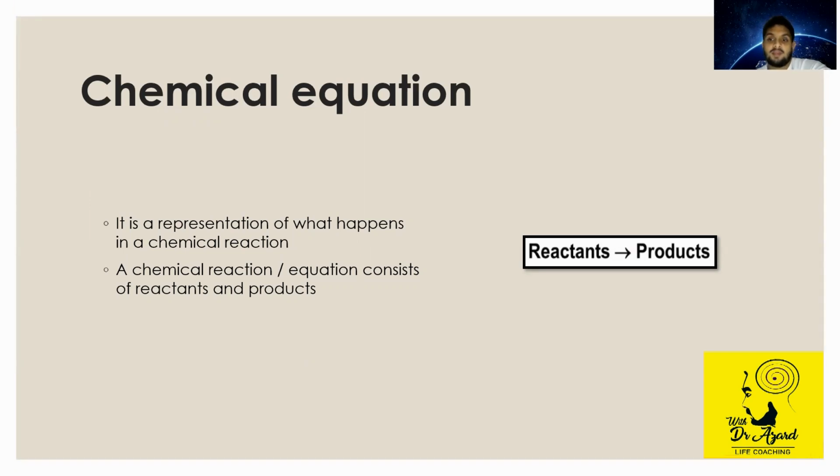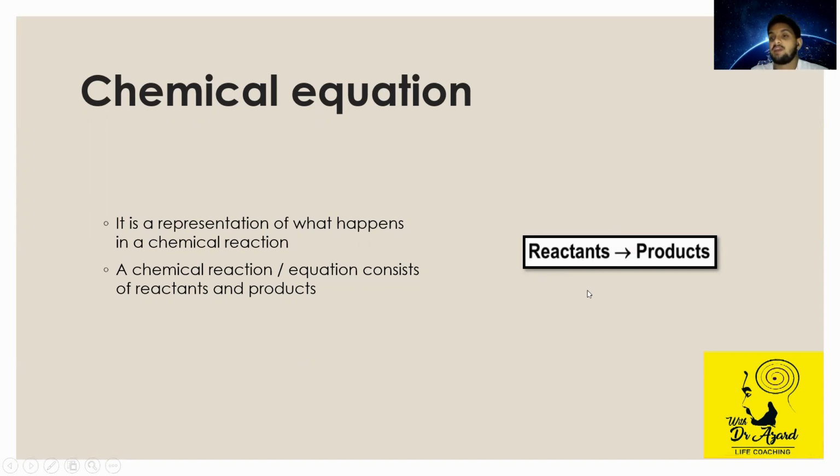Okay, so basically, a chemical reaction is represented by a chemical equation. In a chemical equation, there are two things that you need to be mindful of. First, there is something called the reactants.